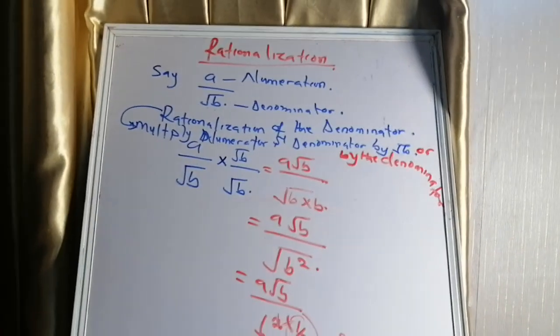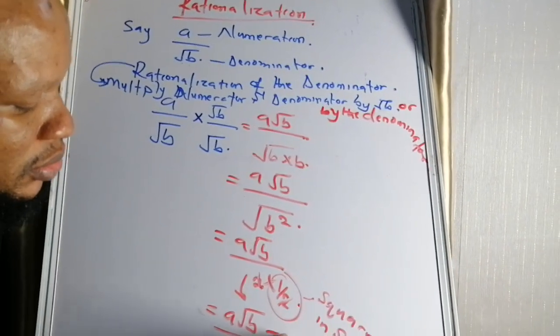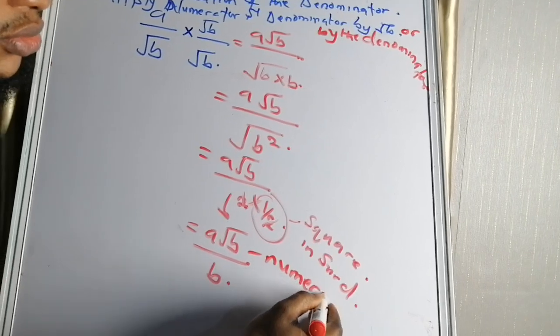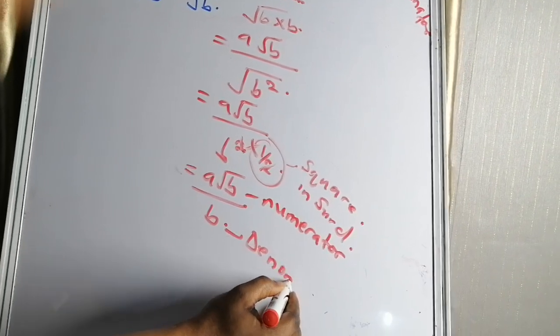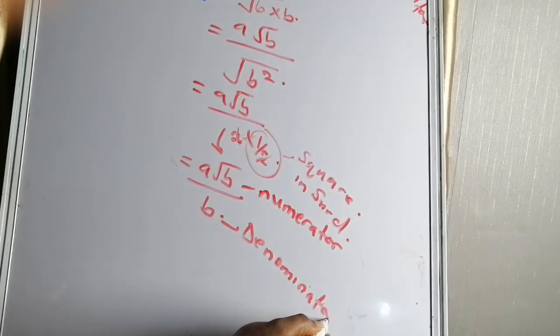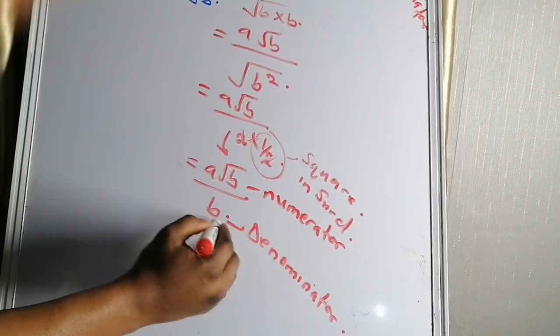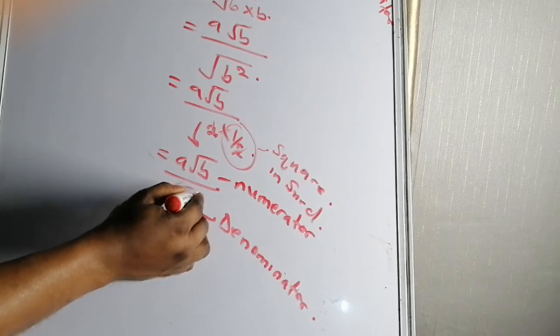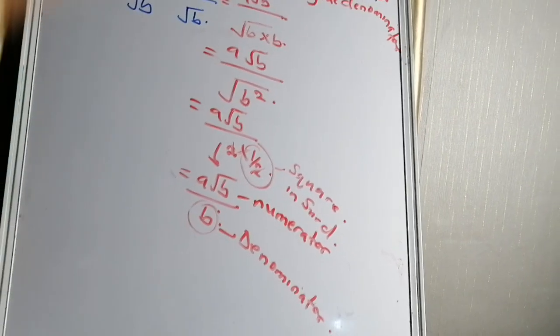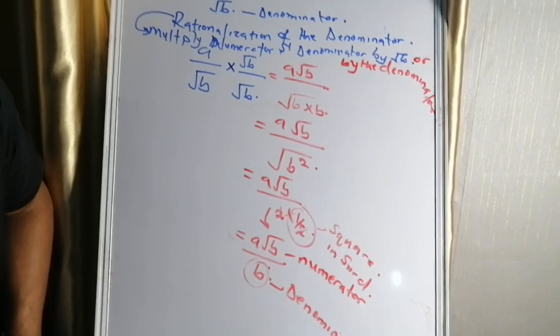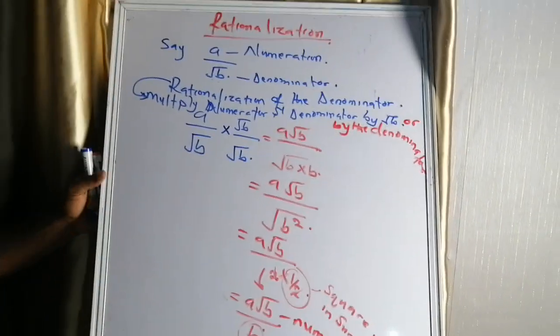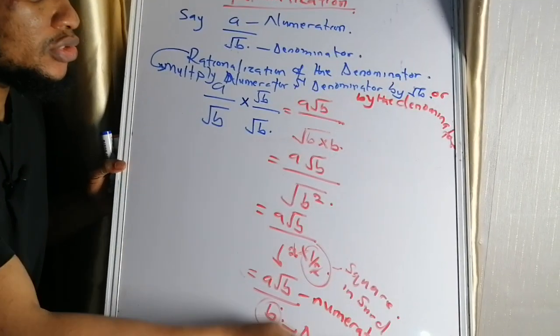This is my numerator, and this is my denominator. If you see this now, there is no surd at the denominator, so it means I've rationalized it. It is very, very simple. That is what we mean by rationalization in surds.